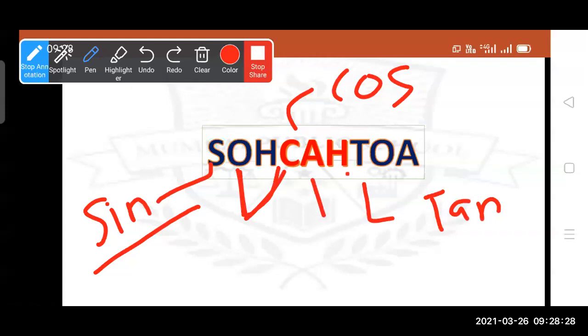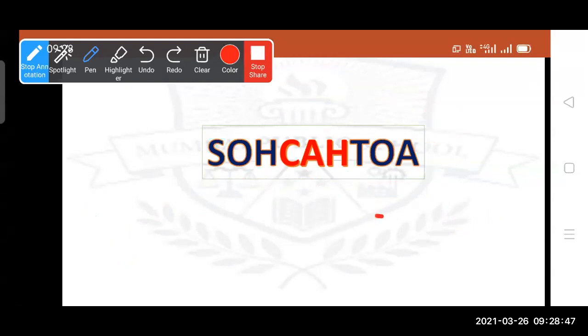Cos is the ratio of the adjacent side to the hypotenuse, and tan is the ratio of the opposite side to the adjacent side. So remember this: sine is opposite to hypotenuse, cos is adjacent to hypotenuse, and tan is opposite to adjacent.